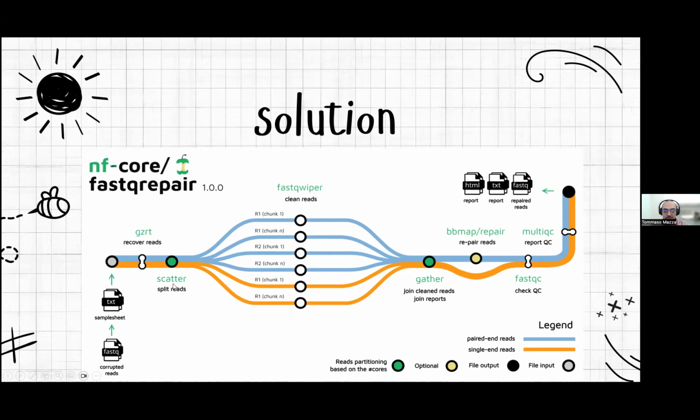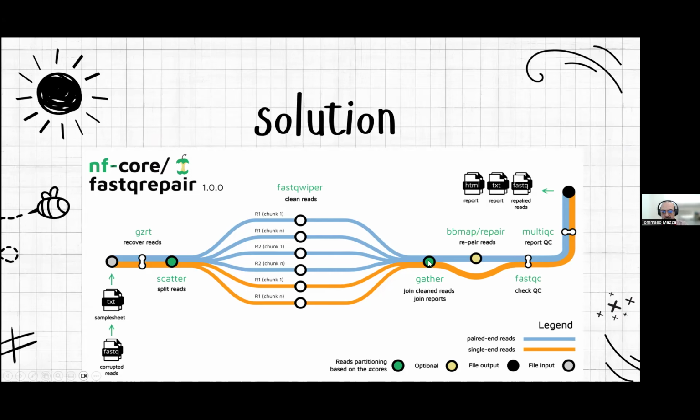You can decide to scatter this FASTQ. And why did we decide to do that? Because FASTQ Wiper is written in Python, so it's not as fast as we wanted. So we decided to do this. You can do this, of course, with paired end reads and single end reads.